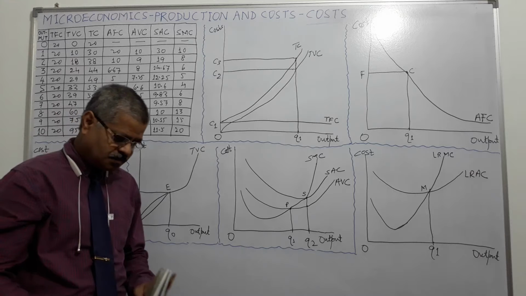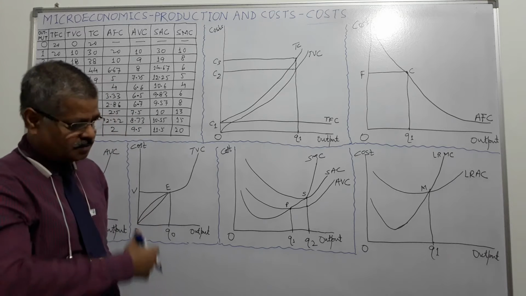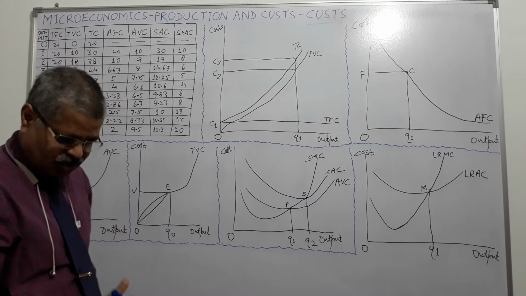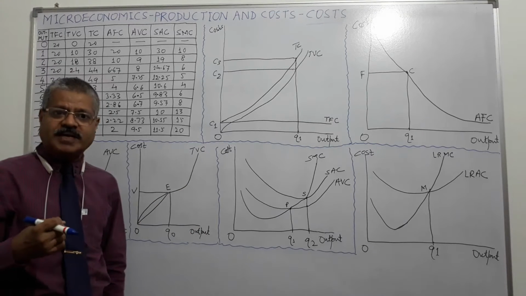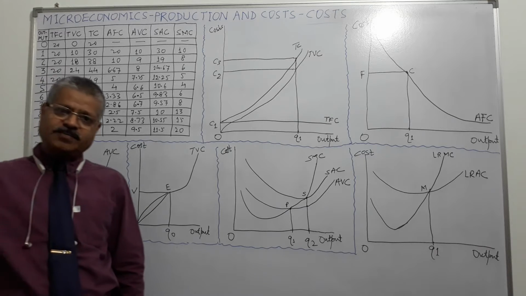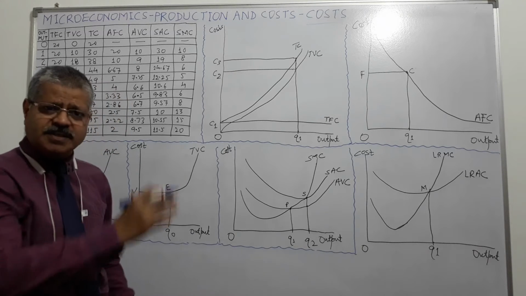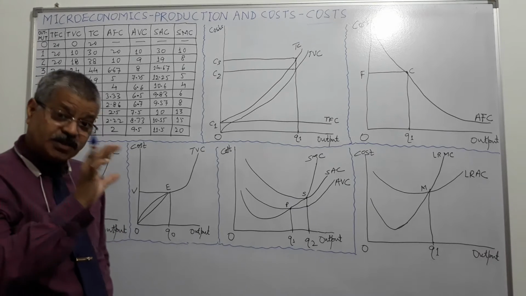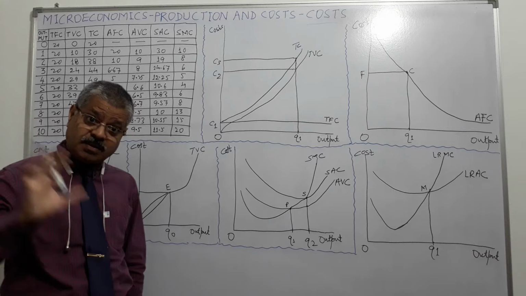I have invested in land, building, machinery, and all kinds of technology for the production of bicycles. Whether I produce 1 unit or 5000 units, this remains the same in the short run. In the long run, everything is variable.